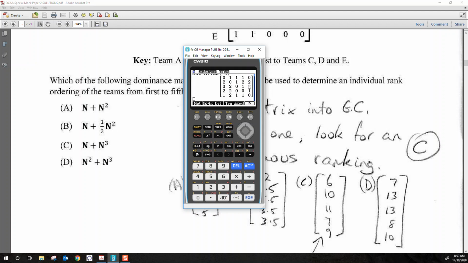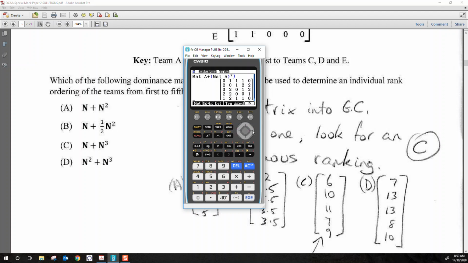What I really want to know is I want to add across each of these rows, don't I? So that first team would have had 3 wins, and then 2 plus 1 is 3, plus 4 is 7. Now there's a quick way to do this.